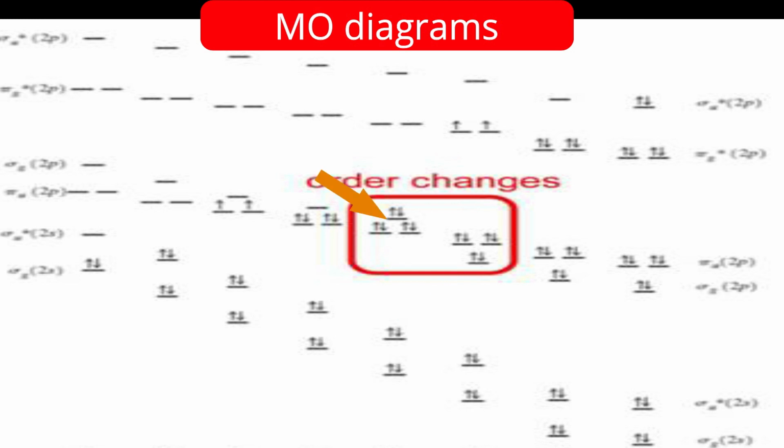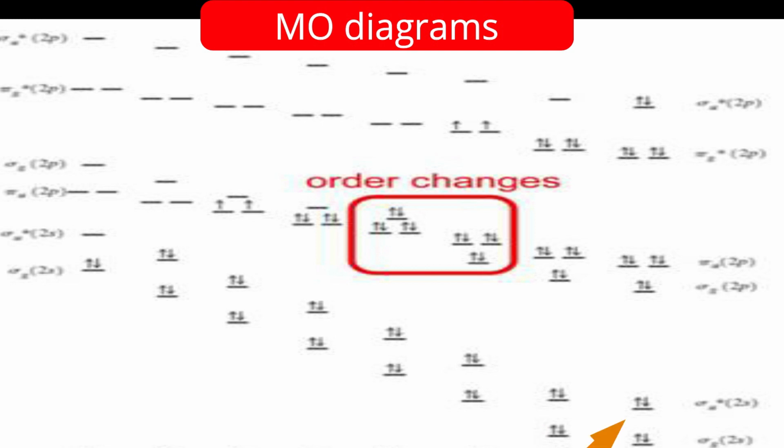At nitrogen, the sigma 2pz orbital is of high energy compared to pi 2px and pi 2py. But for oxygen, the sigma 2pz orbital is of lower energy than pi 2px and pi 2py. That's called crossover, the order of energy levels changes. And then for fluorine and neon, the same order as for oxygen is there.